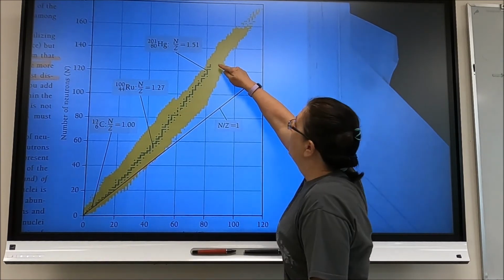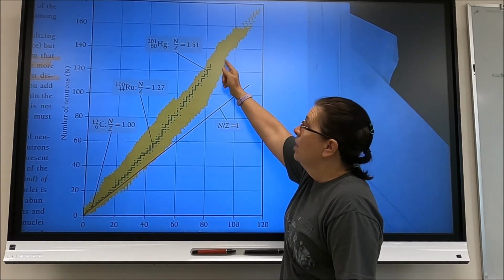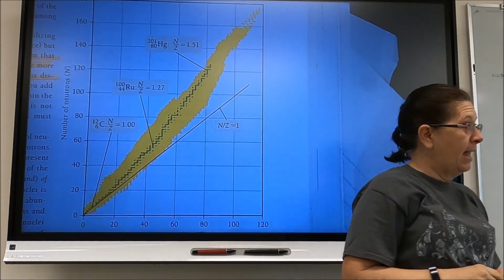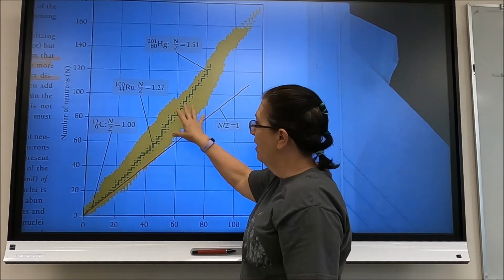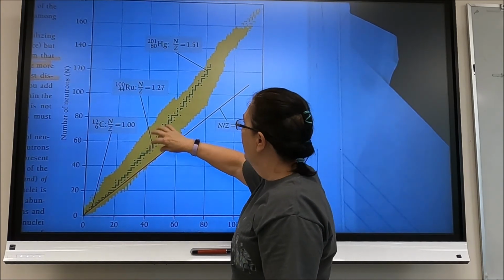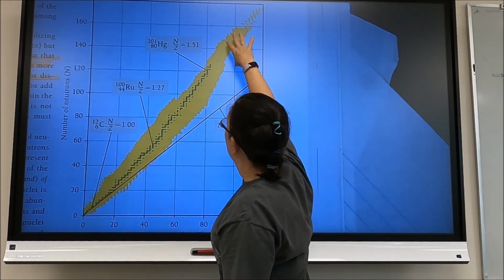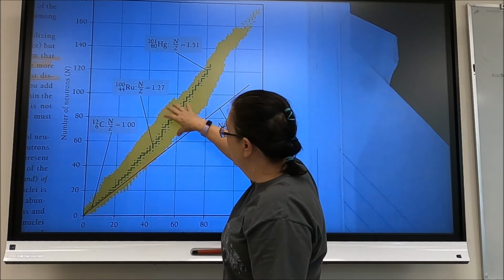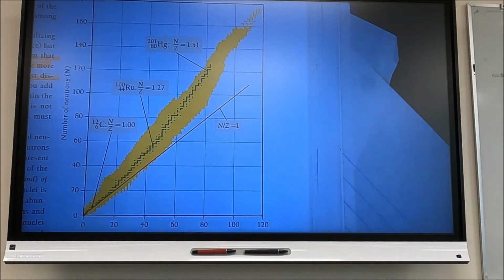And if you are above 83, you're going to undergo alpha decay. So by looking where something falls on this kind of graph, I can tell you what kind of decay it's going to undergo. The yellow here represents known nuclei, kind of their regions. The black dots represent stable nuclei.